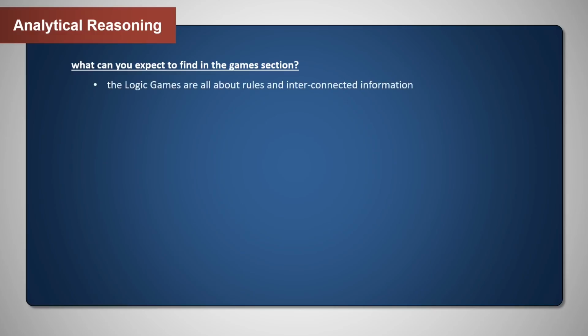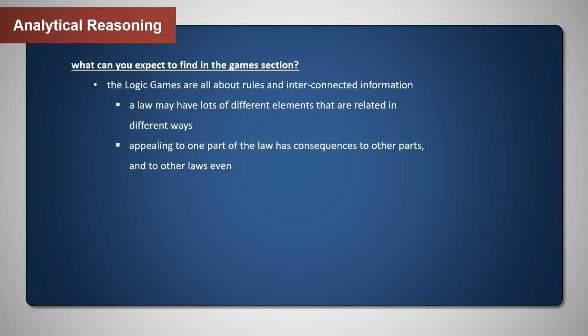Now, the logic games are all about rules and interconnected information. So, parallel to what's going on in the law, a specific law may have lots of different elements that are related in different ways. So appealing to one part of the law has consequences for other parts, and maybe for other laws even.